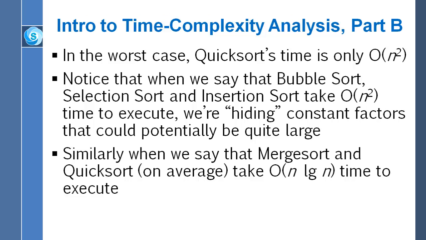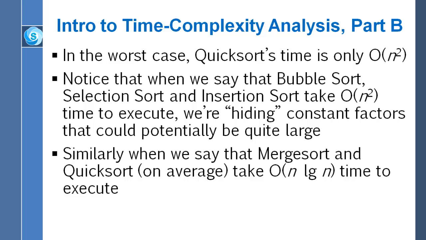So when we say that merge sort and quicksort, at least quicksort on average, execute in an amount of time that's approximately a constant times n log n, versus the fact that bubble sort, selection sort, and insertion sort execute in an amount of time that's approximately a constant times n squared, okay?